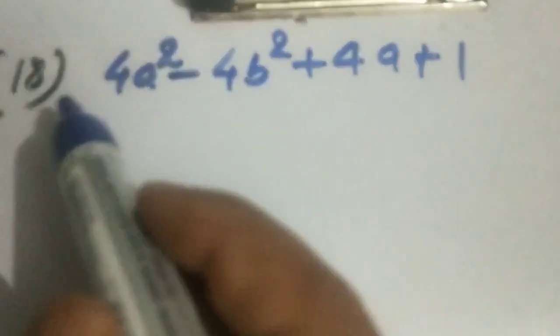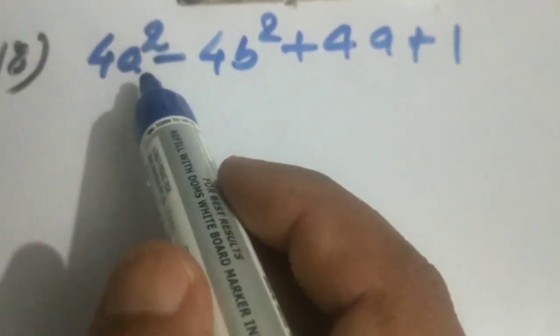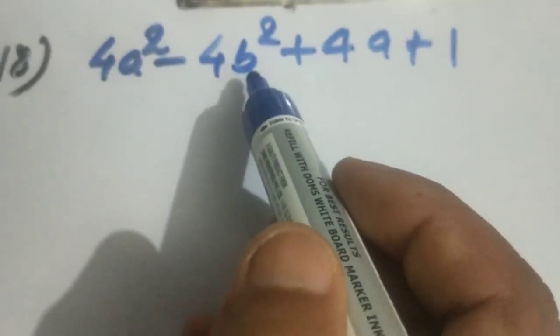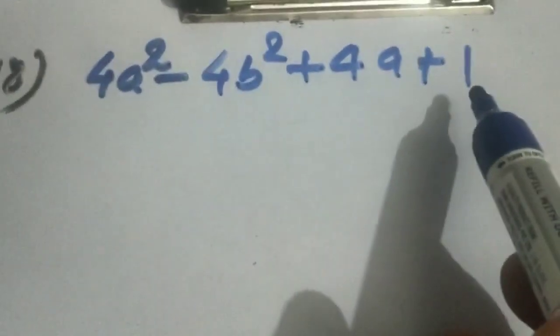Now let us see question number 18. You have to factorize 4a square minus 4b square plus 4a plus 1.